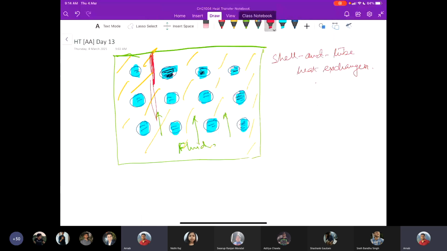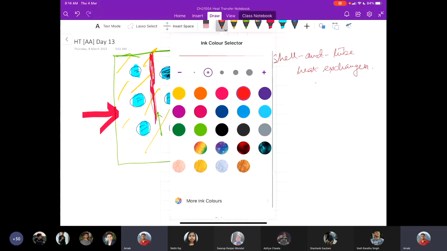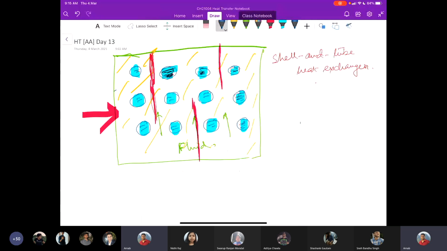Say we have this kind of arrangement where the flow, if that is coming from this side, okay, then we ensure that when it passes, it goes through the maximum length or maximum travel path, so that the contact time between this cold and the hotter liquid is enhanced.